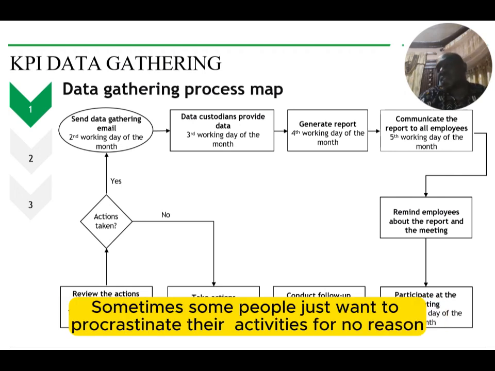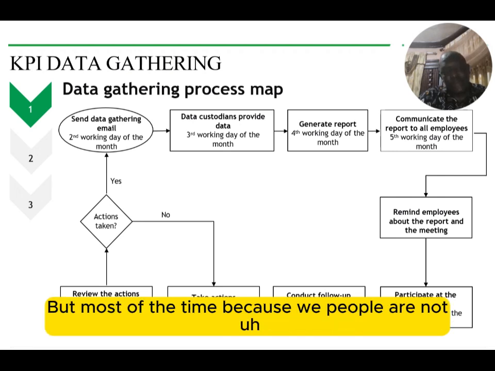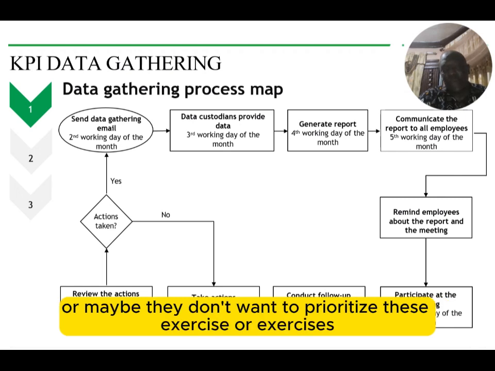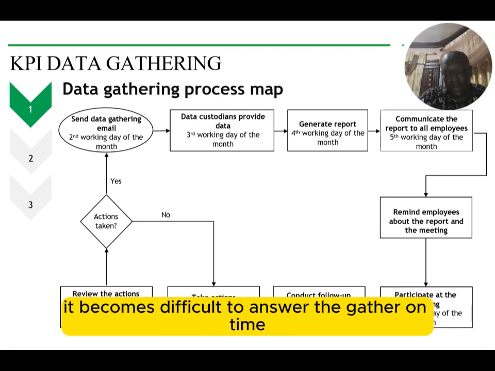Sometimes some people just want to procrastinate their activities for no reason, but most of the time, maybe they don't want to prioritize these exercises, so it becomes difficult to actually gather data on time.